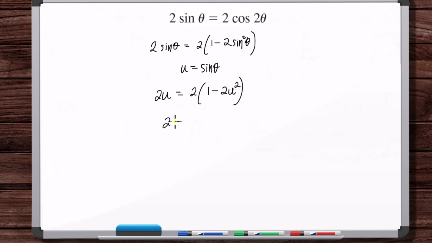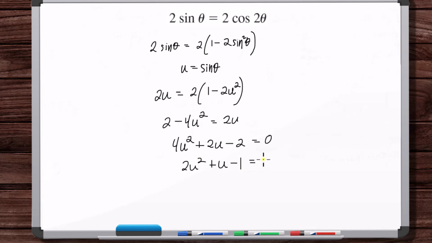Okay, 2 minus 4u squared is equal to 2u. So we've got 4u squared plus 2u minus 2 is equal to 0. Divide this whole equation by 2, so 2u squared plus u minus 1 is equal to 0.